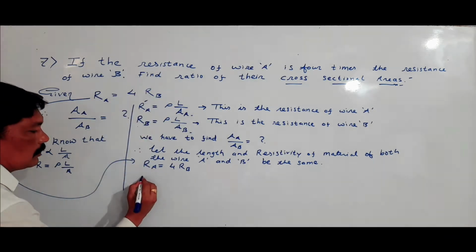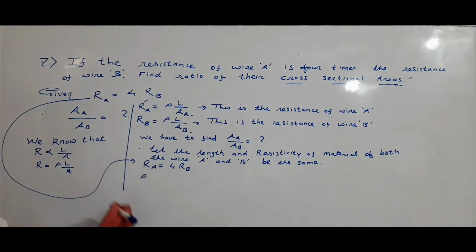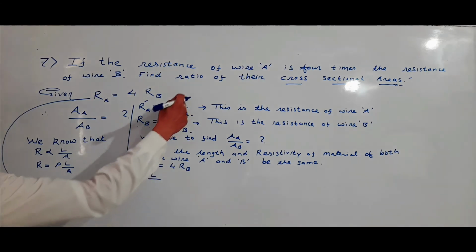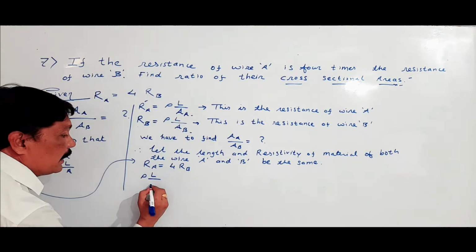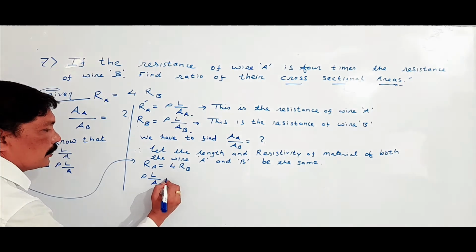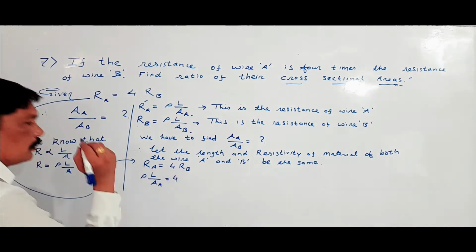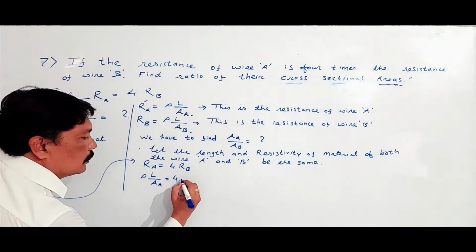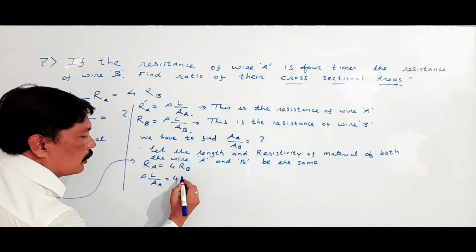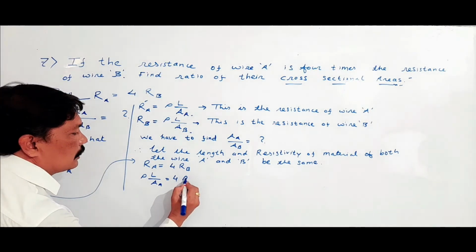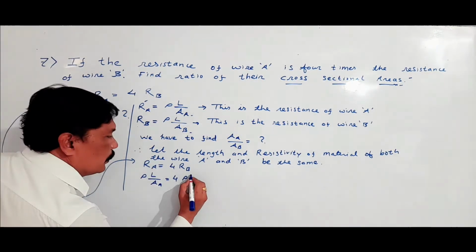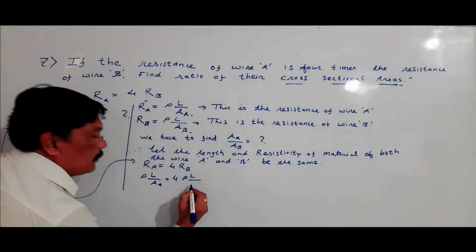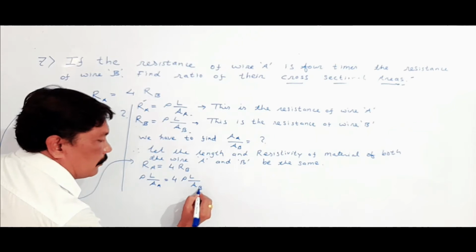R_A, resistance of wire A, is equal to constant into length upon area of cross section of wire A, is equal to 4 into resistivity of a material into length upon area of cross section of wire B, means A_B.